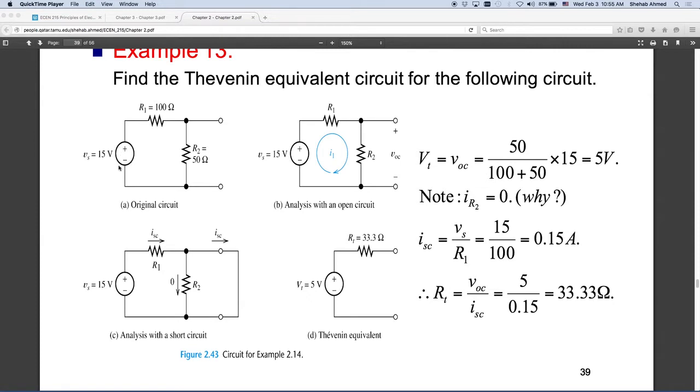If it's a voltage source, make it produce 0 volts, meaning it's a short circuit. Then these two resistors are in parallel. So the equivalent resistance is 50 ohms times 100 ohms divided by 150. So what's 50 times 100 divided by 150?